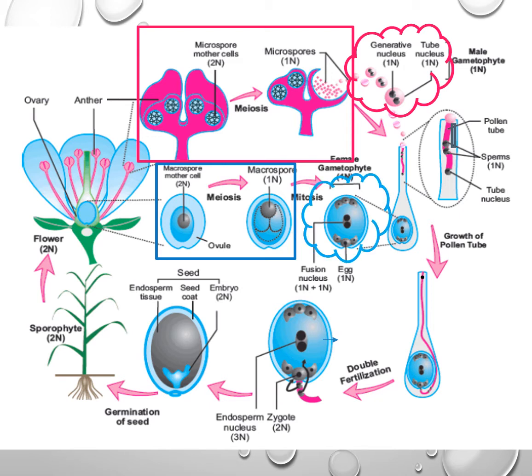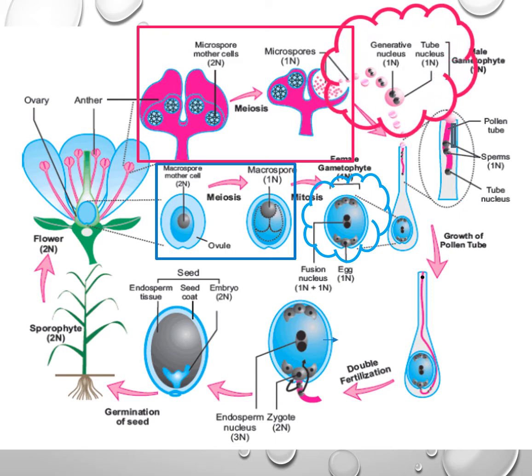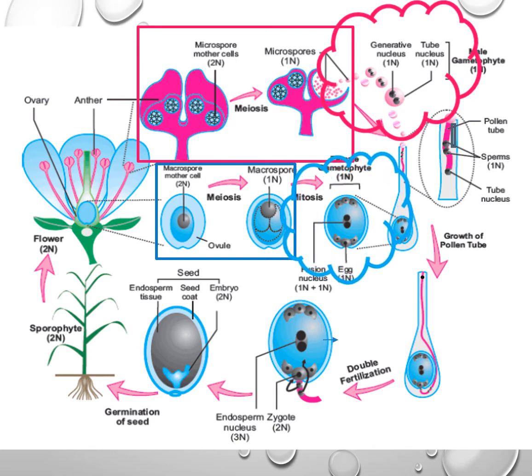We can see here that the haploid cell is in this shape, which is indicated in the form of a cloud. This is called the female gametophyte. Now you can see that the upper pink cloud is the male gametophyte and the lower blue cloud is the female gametophyte. These are the male and female gametophytes respectively.